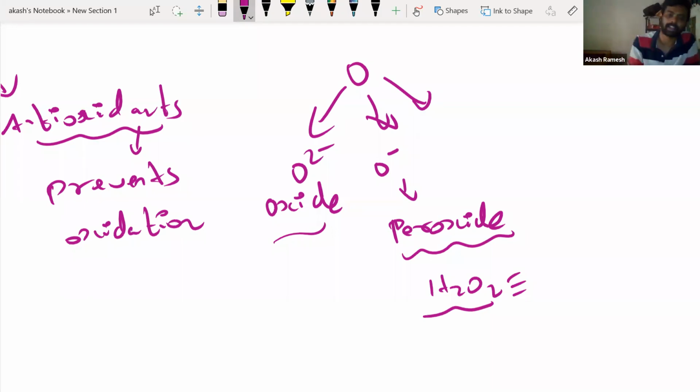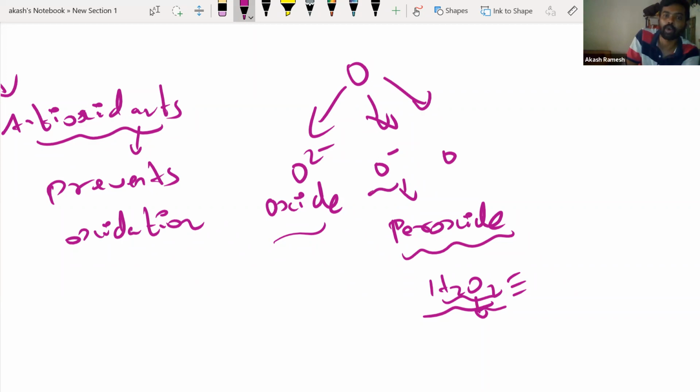Okay, no issues. So you can go to the medical shop and ask for hydrogen peroxide, H2O2. This H2O2 is used as a disinfectant. It is used to clean wounds and all. So in this hydrogen peroxide, oxygen will be in the form of O minus. And there is one more thing.